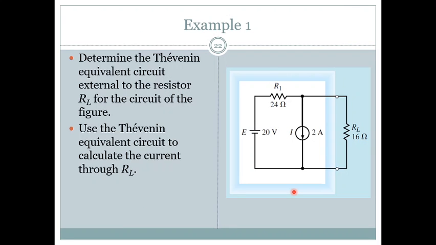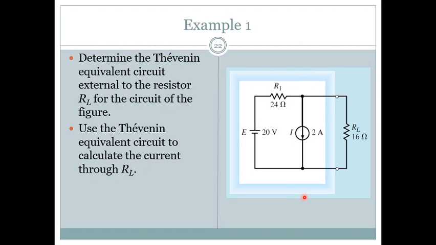Now let's look at this example and see. This is the same example that we were talking about. So determine the Thevenin's equivalent external to the resistor RL for the circuit of the figure. Use the Thevenin's equivalent circuit to determine the current through RL.